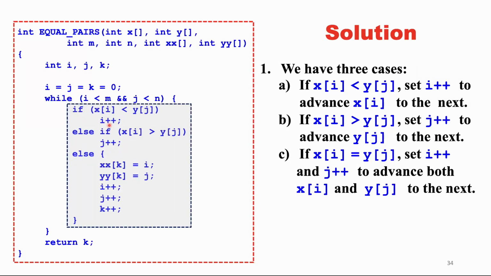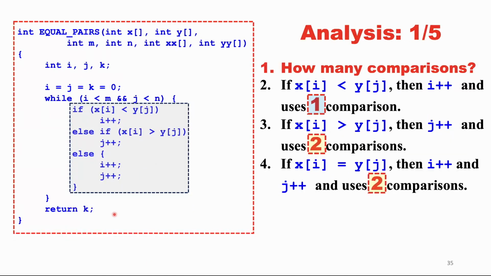Hopefully, we could find xi plus 1 there. Or if xi is larger than yj, we increase j. Hopefully, the next, yj plus 1, is this one. And if they are equal, we increase both. Of course, we have to increase the counter as well. So it is this simple.